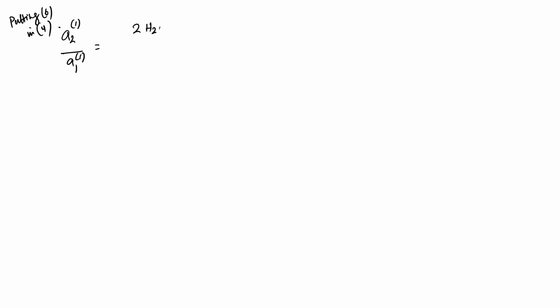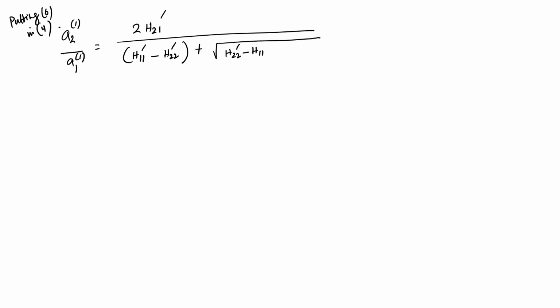So, 2H21 prime divided by H11 prime minus H22 prime plus the root over of H22 prime minus H11 prime square plus 4 H21 prime square, and so on. Okay. So, this is equation 8.